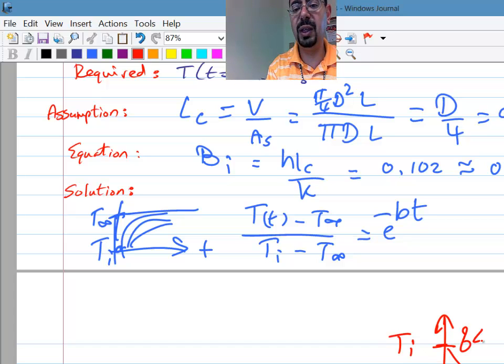So from the 850 all the way to the 50, and he would like to find after 40 seconds basically, what will happen. So all I have to do is just substitute for the b and get this equation running for us.